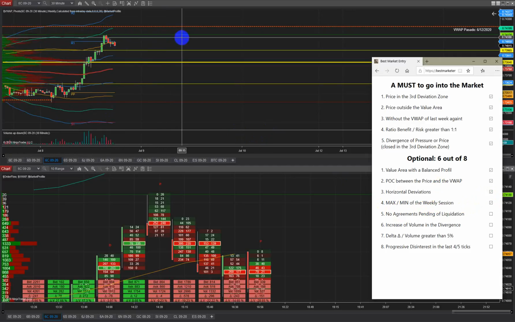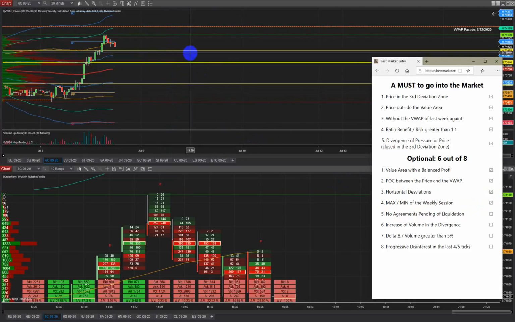We can see here the green line, the red line, the max and the min, and it wasn't that big. So there are no agreements pending of liquidation. Let's see. Yes, you can see a 0. So no agreements. Cool. Is there an increase of volume in the divergency? Volume is 1754, 1724.